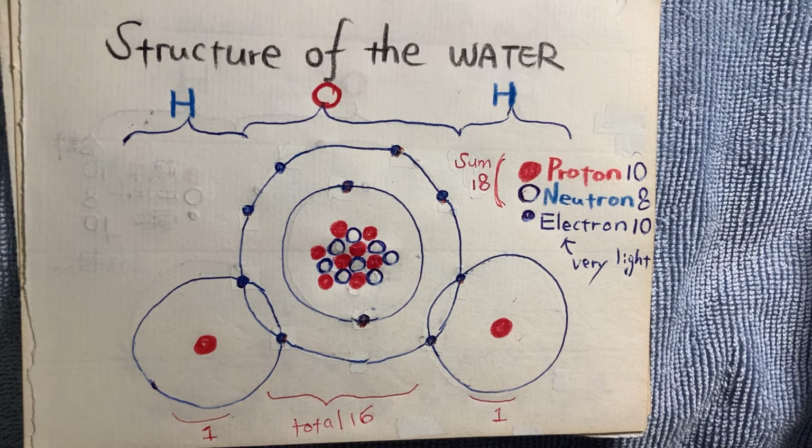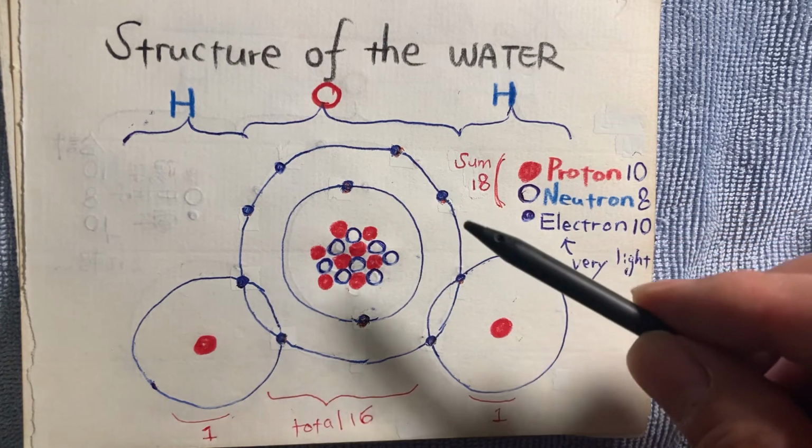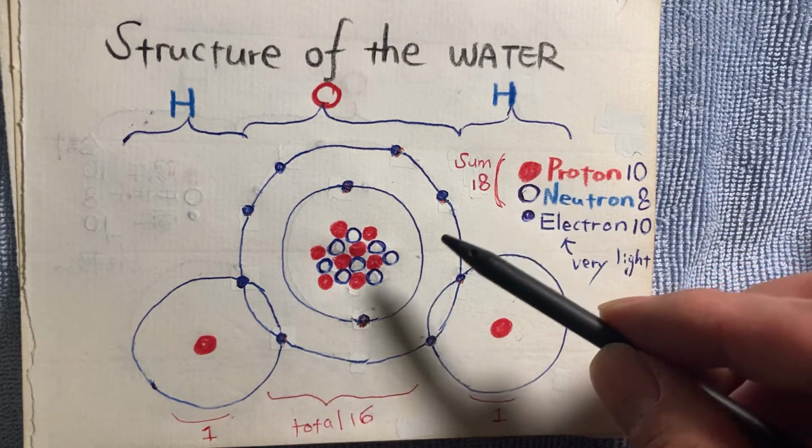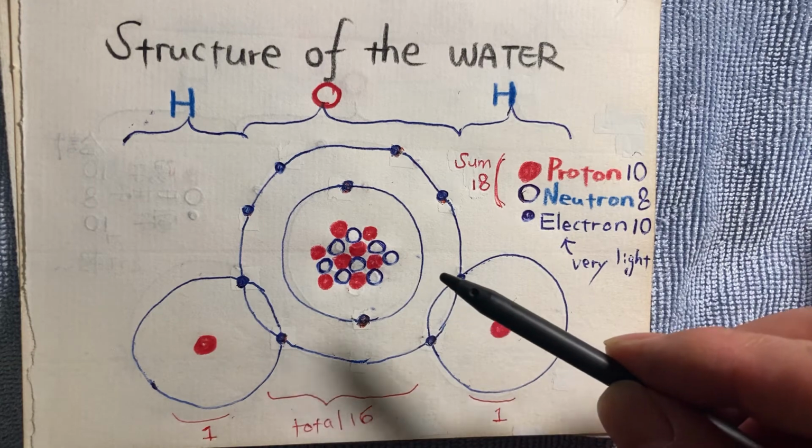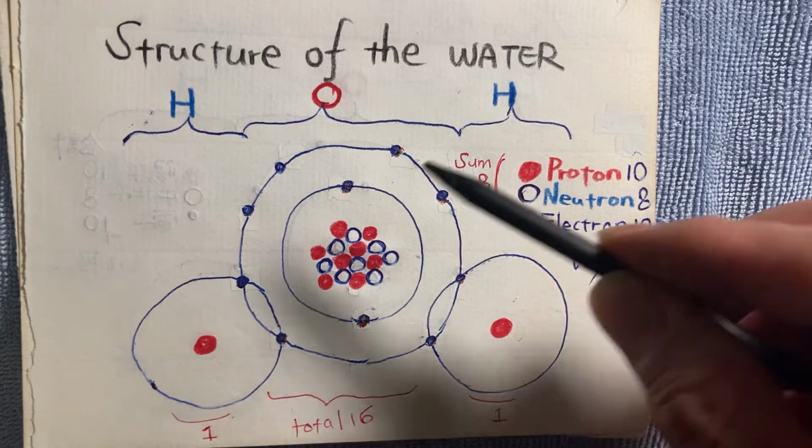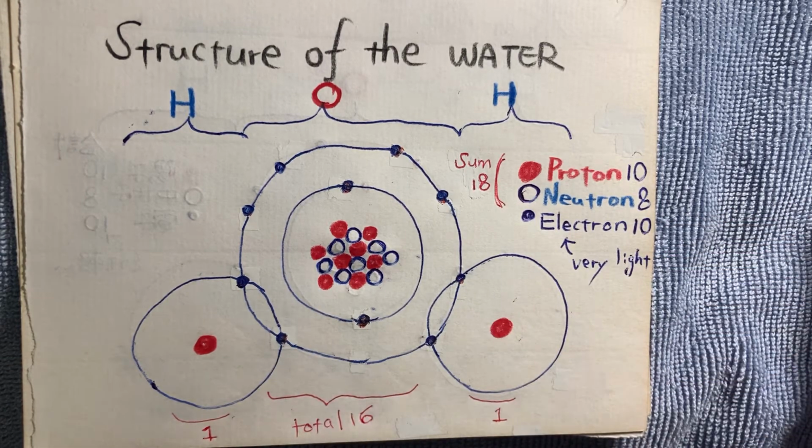Different atoms contain a different number of protons and neutrons. Protons and neutrons both have a value of 1. In this case, an oxygen atom contains 8 protons and 8 neutrons, giving us a total molecular weight of 16.